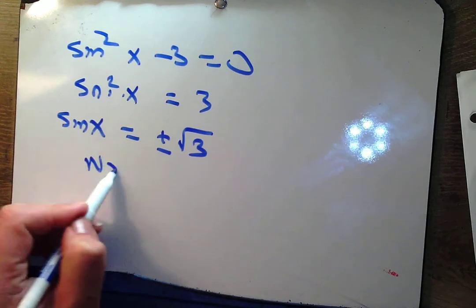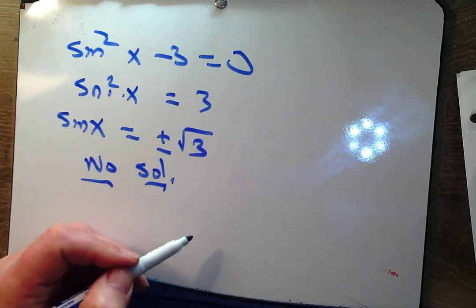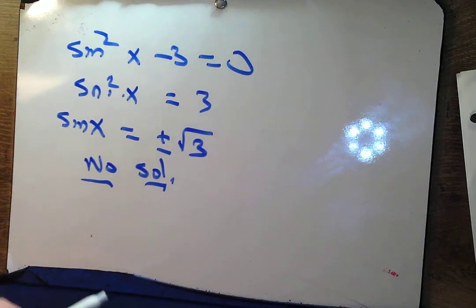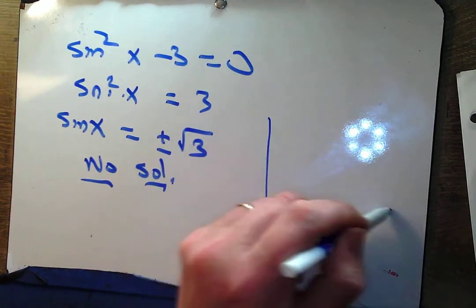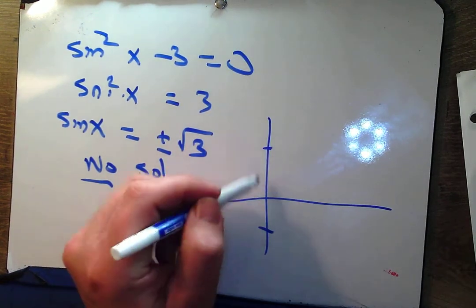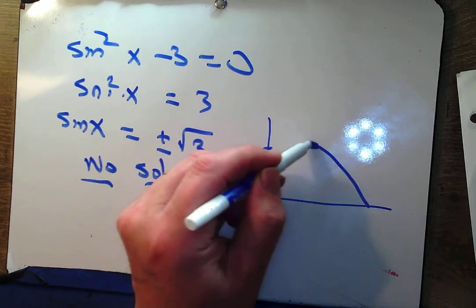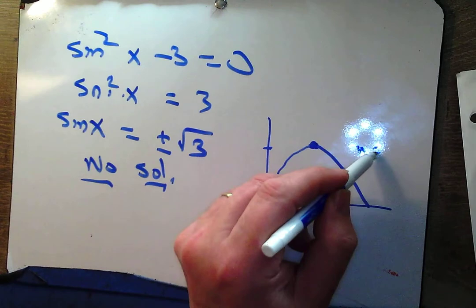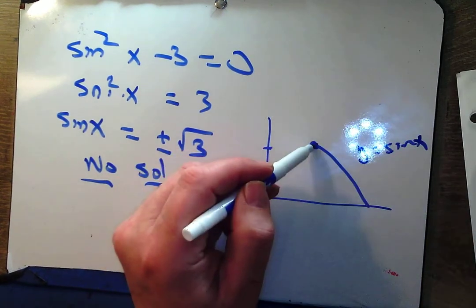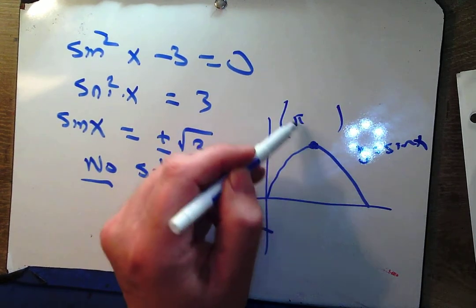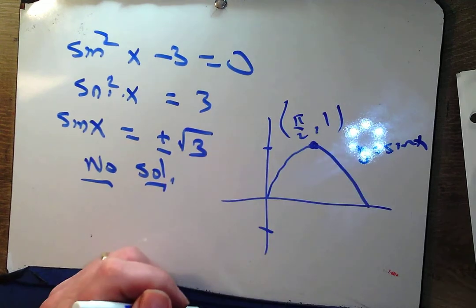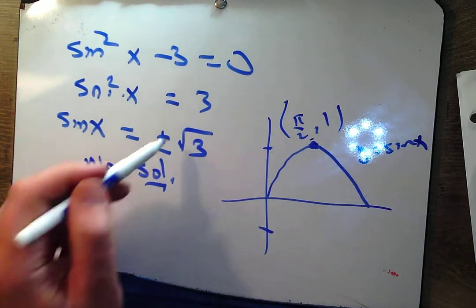And then I say no solution. How come? Well, think about your graph for sine. Go up to that high point and come back down. On the reference graph, y equals sine x, what is the y value here? 1. The highest sine will go is 1.